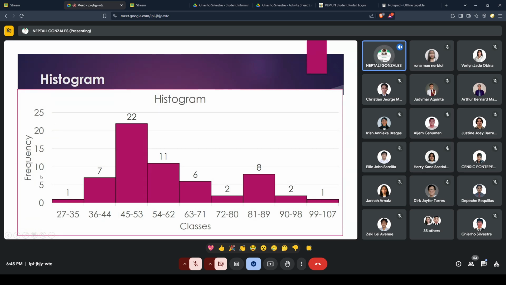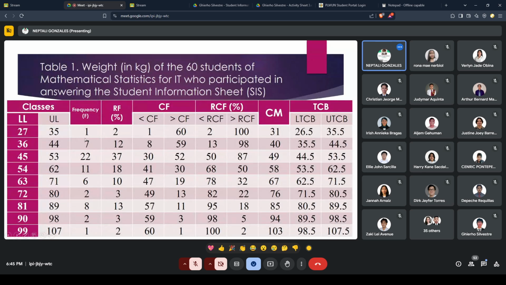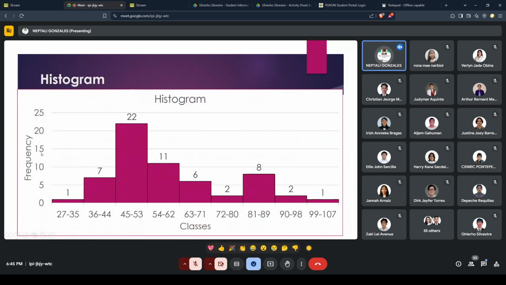The frequencies are 1, 7, 22, 11, 6. It just so happened that the intervals of the frequency axis are 0 to 5, 5 to 10, 10 to 15, 15 to 20, 20 to 25.